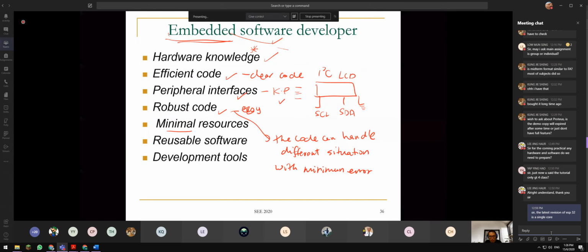And I don't want to construct my hardware first, so I know of something called Proteus, which does real-time hardware simulation. So these are the things that an embedded software developer needs to have. Remember this: when you go for an embedded software developer engineer role, make sure that you have all this knowledge.